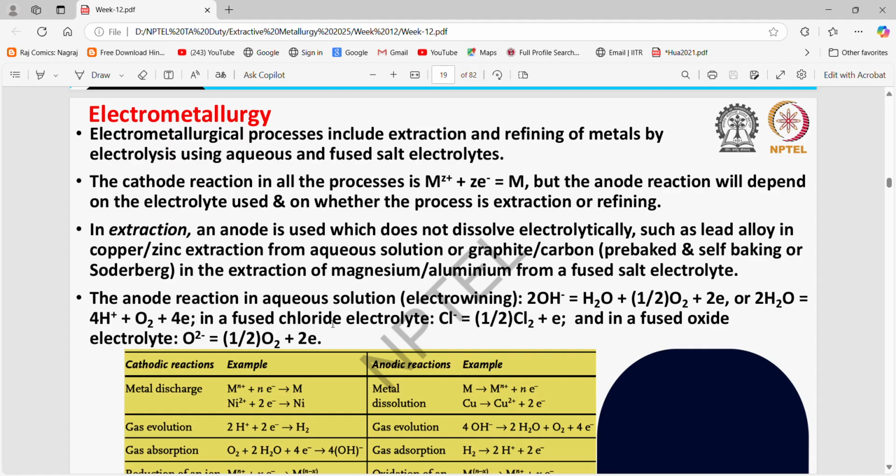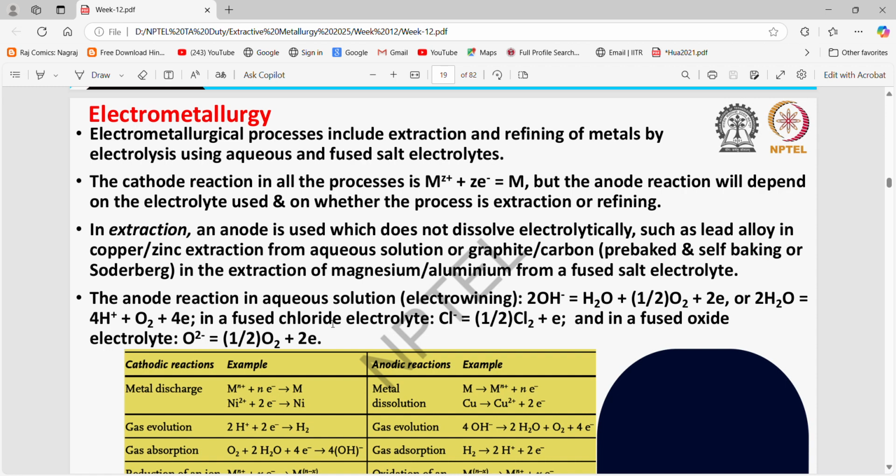So according to that, the anode reaction will change. In extraction, an anode is used which does not dissolve electrolytically, such as lead alloy in copper and zinc extraction from aqueous solution, or graphite or carbon in the extraction of magnesium or aluminium from a fused salt electrolyte process. The anode reaction in aqueous solution is also known as the electrowinning process.